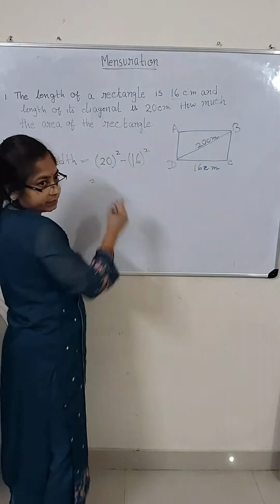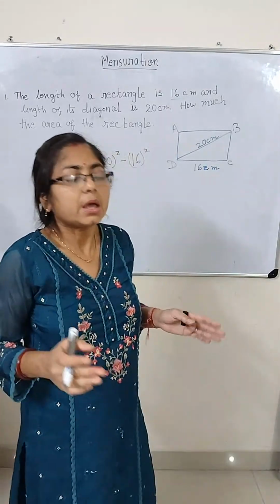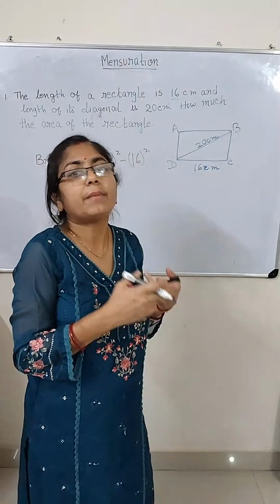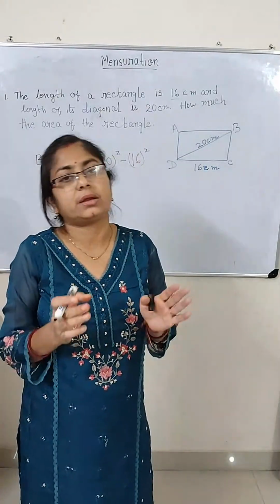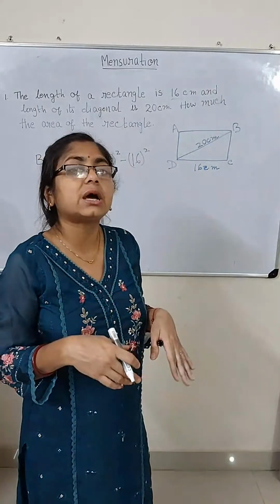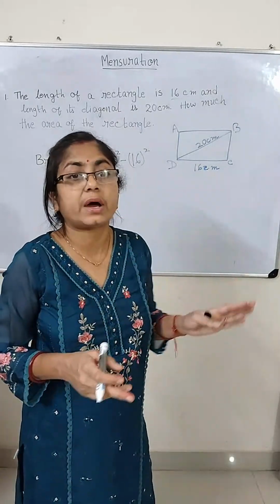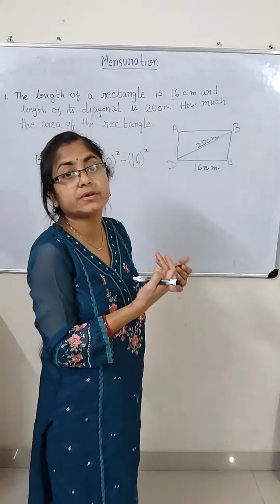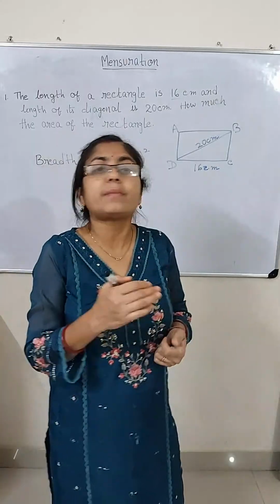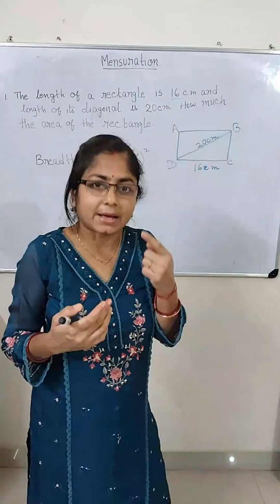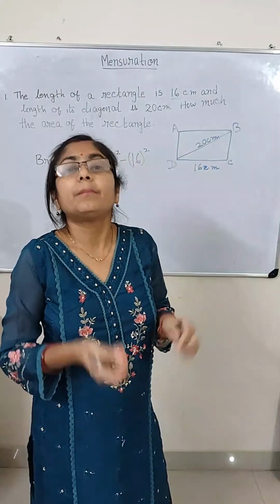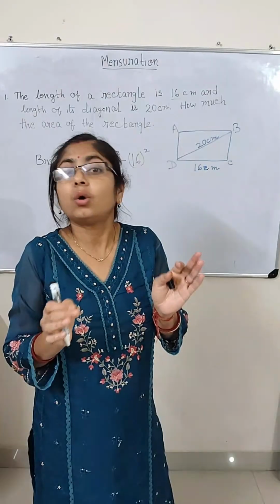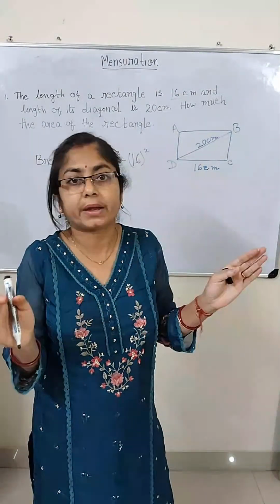Listen one thing, all the students. You would normally multiply 20 square and 16 square and then subtract. But as a teacher, I tell you, don't do this. Apply the formula. In the previous 2-3 classes, I told you the a square minus b square formula, a plus b into a minus b. Please apply that formula. Be intelligent.